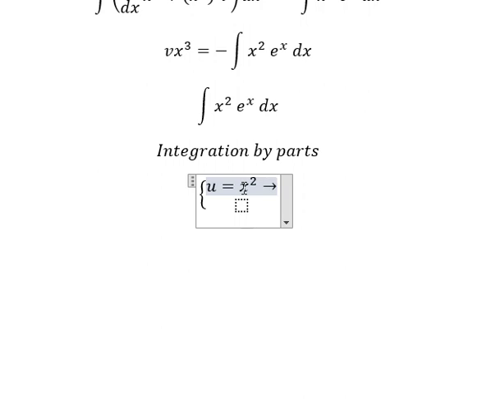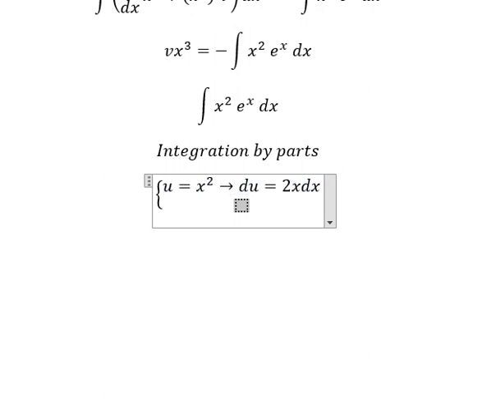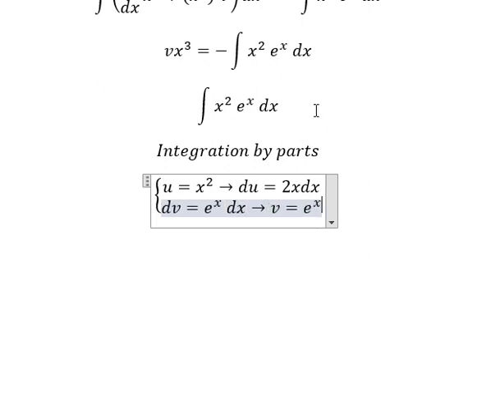Later, we need to do the first derivative for both sides, and we have 2x dx, and dv is this one. So the integration of this one, we have e to the power of x.